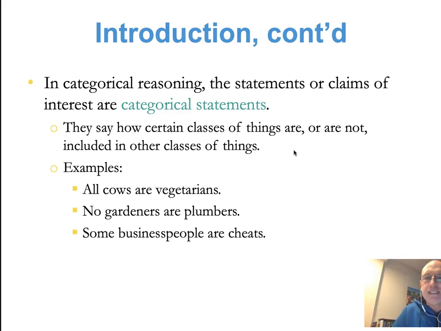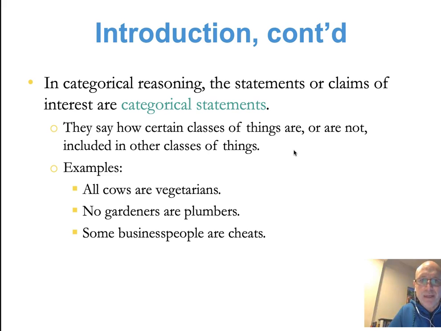In categorical reasoning, the statements or claims of interest are categorical statements. They say how certain classes of things are or are not included in other classes of things. For example: All cows are vegetarians, so all cows are part of the class of vegetarians.